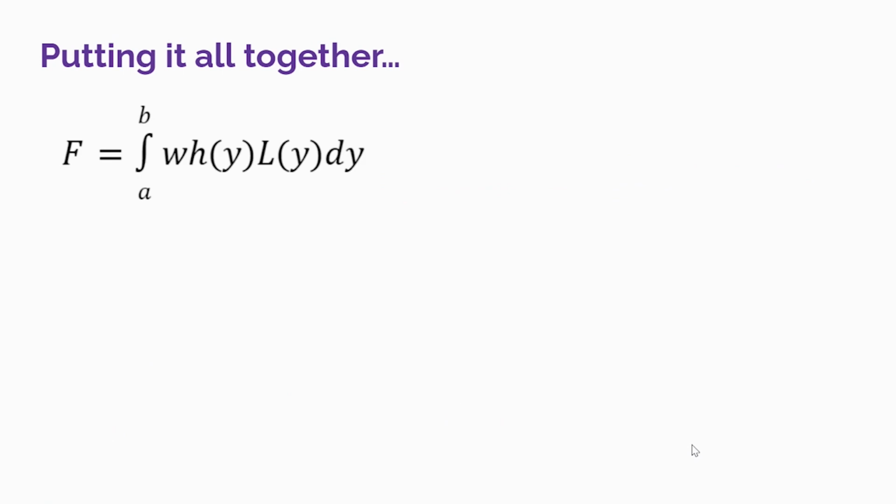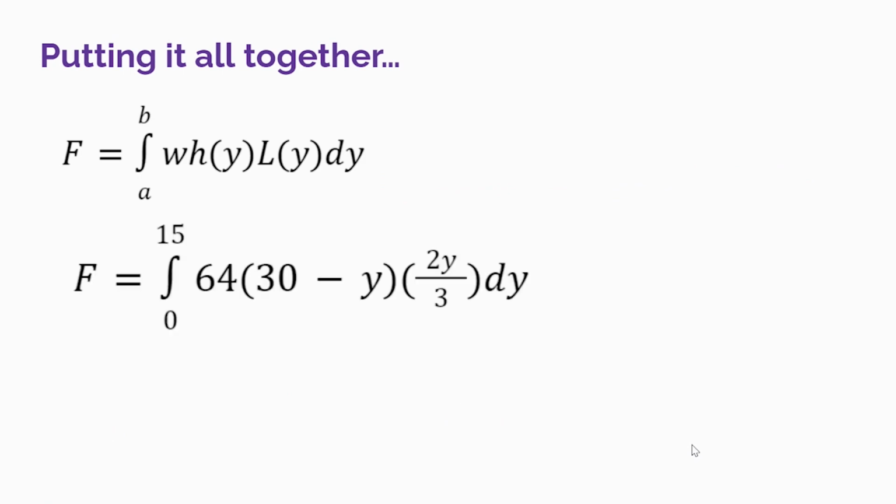And now it's time to put this all together. We start off with our basic formula that we derived earlier, and then we plug in our values for w, so 64, h of y, which is 30 minus y, and L of y, which is 2y over 3. And plugging this into our calculator. Oh, also, before we do that, it's important to note that our upper and lower bounds for the interval are 0 and 15 because the height of the triangle on the coordinate plane goes from 0 to 15.